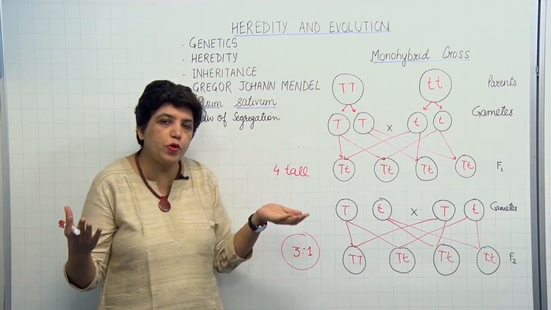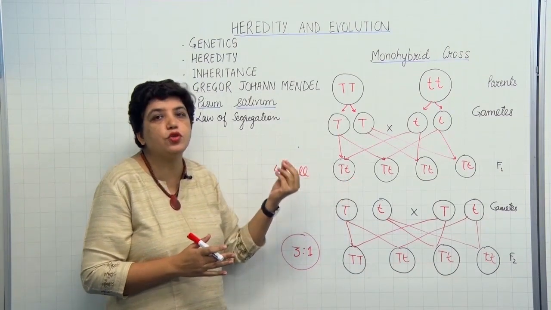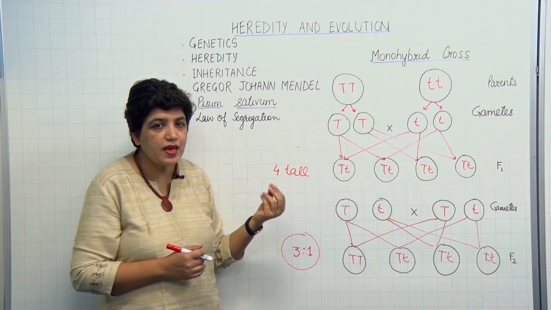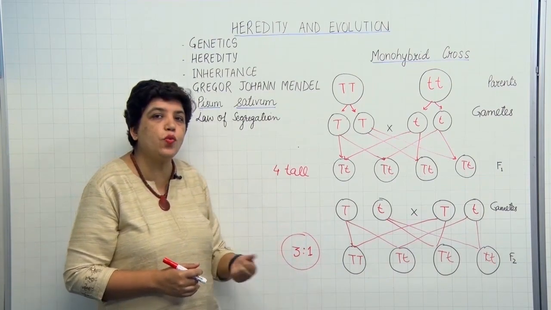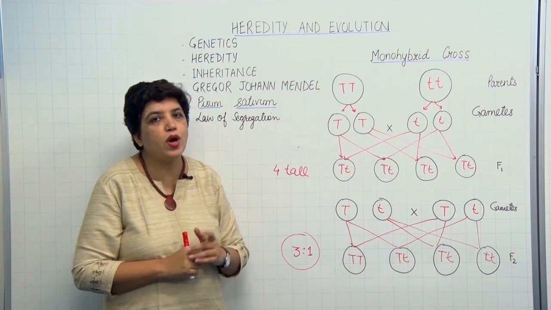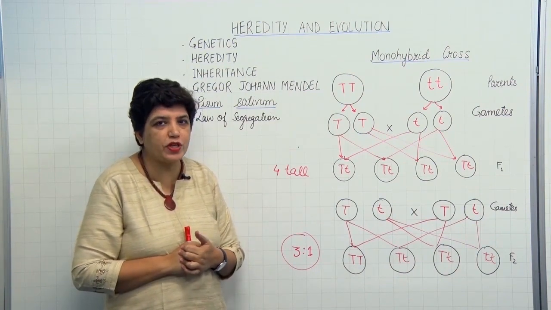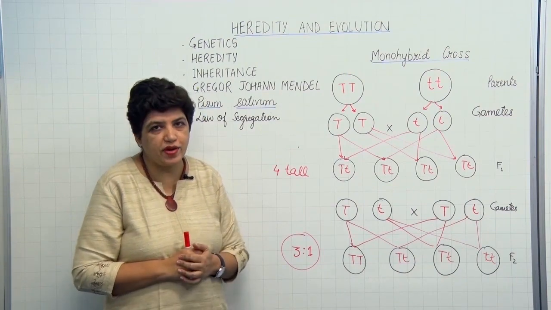And during sexual reproduction, two different genes combine together to form a new organism. And this ratio of 3:1 in the second generation F2 progeny is called the monohybrid ratio. Now let us move on to the next type of experiment, which is the dihybrid ratio.